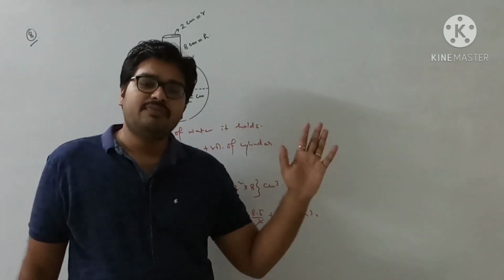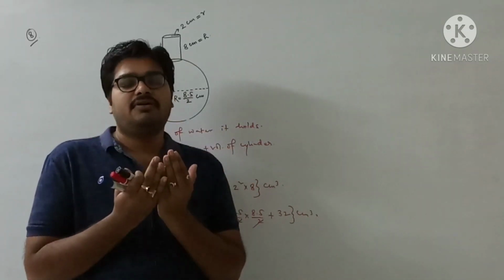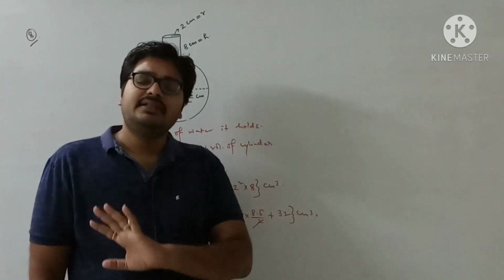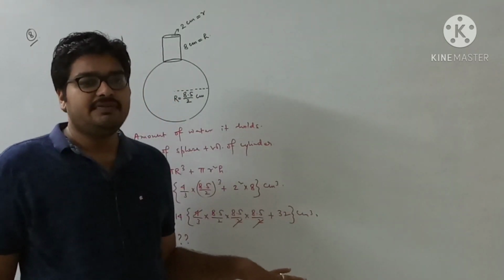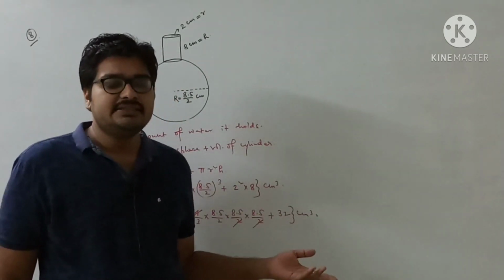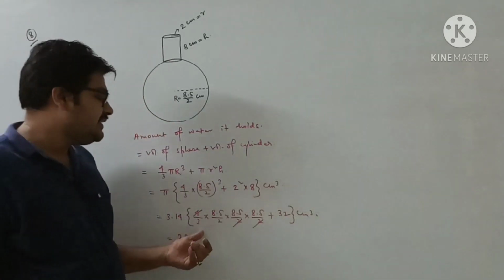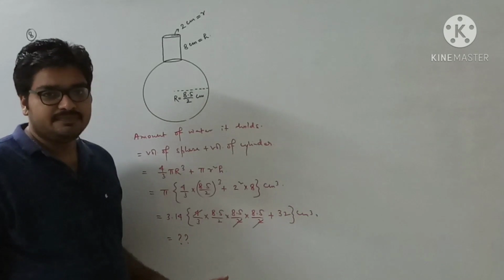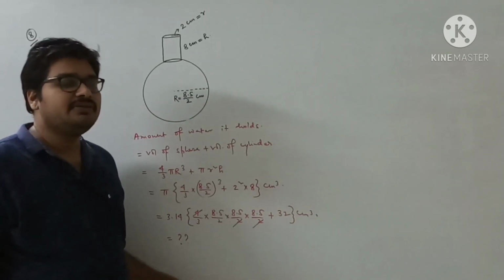If it does not match, then you write the child is wrong, and if it is coming completely 345 centimeter cube, then you say the child is correct. I think it will not come 345 because the 3 here cannot be cancelled. So once you check it, complete the calculation and write the final conclusion.